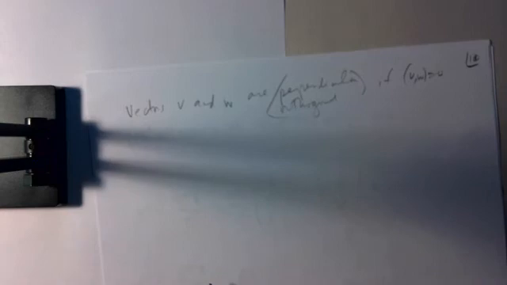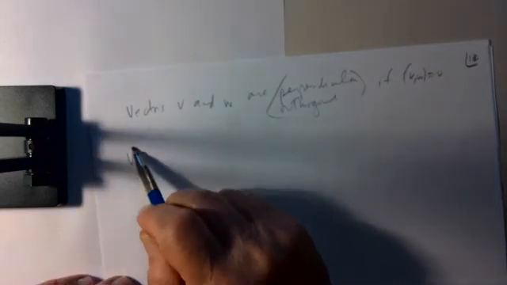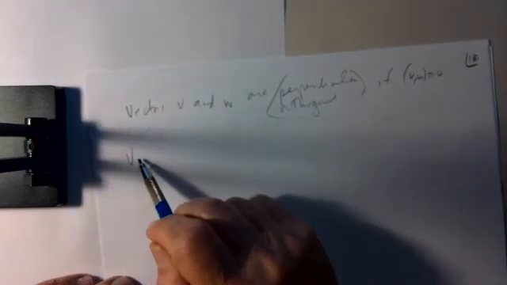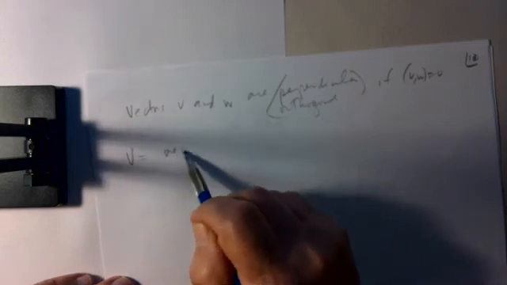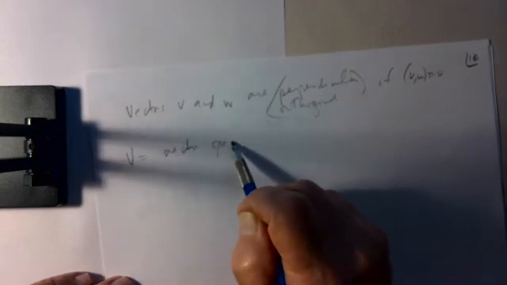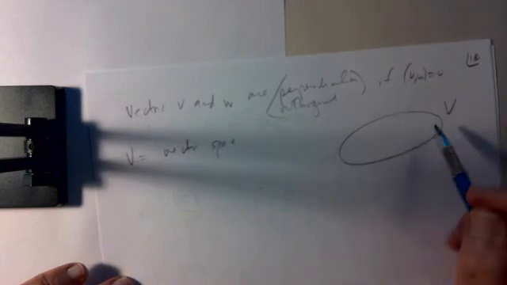And I want to extend this to the idea of having two subspaces that are perpendicular. So we have this vector space V, and sitting inside V, we might have two subspaces, W1 and W2.